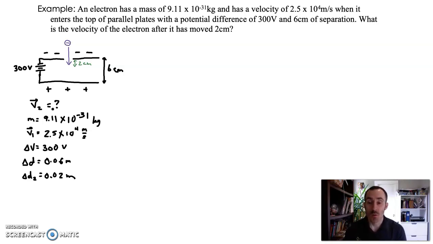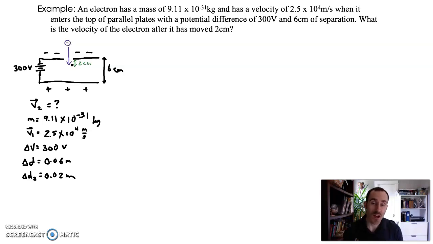First of all, we can consider the potential energy that the electron had at the beginning, and what's the change in potential energy. That will give us the change in kinetic energy, which will tell us the change in speed, or the change in velocity. We can look at it like that. We can also think about what is the acceleration of this charge?